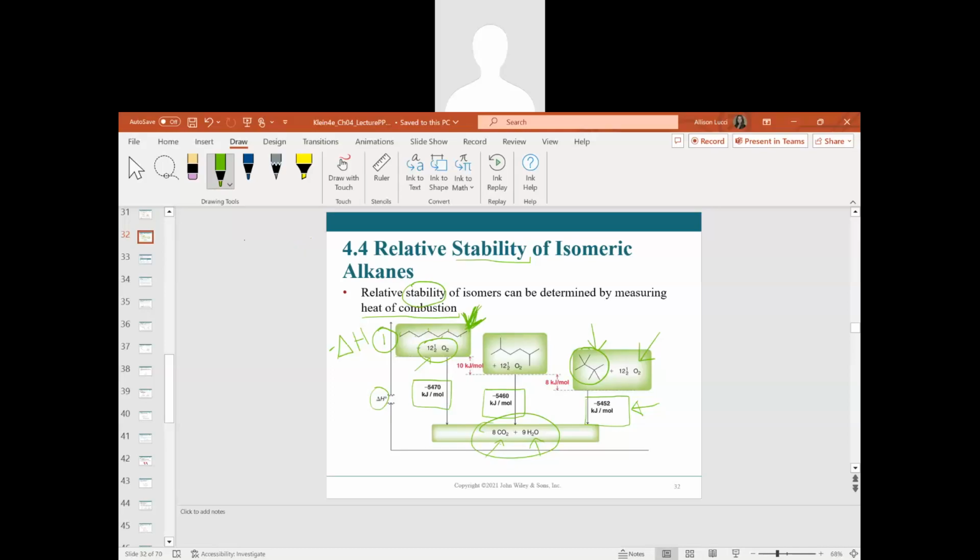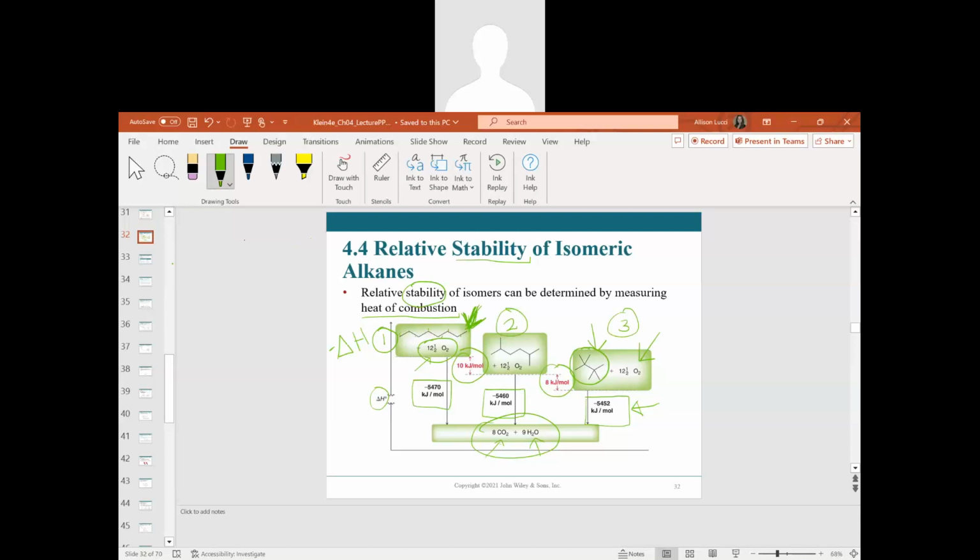So we'll see this trend throughout this chapter when we talk about the most stable compounds. And you can see that there's about 10 kilojoules per mole energy difference between compound 1 and 2, and then even less difference between 2 and 3 over here.